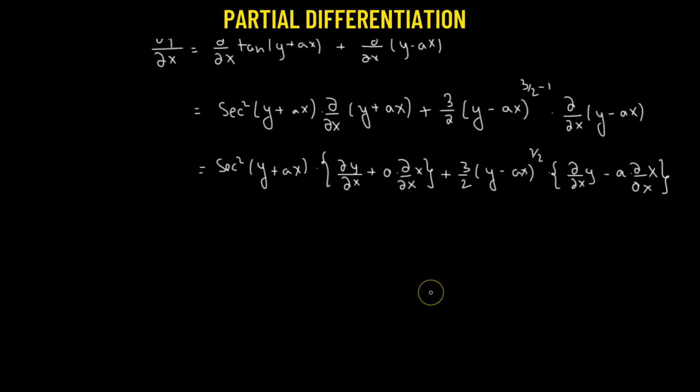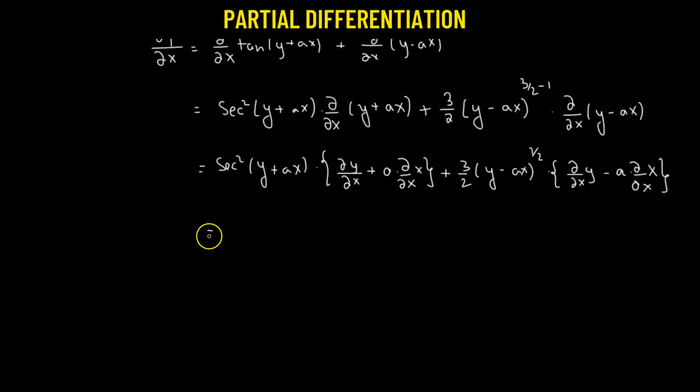So let's further simplify to get secant squared of y plus ax times, so the partial of y with respect to x will be 0 because y will be treated as a constant whenever we're taking the partial derivative with respect to x. That is a, so we have a times the partial of x with respect to x, which will be simply a. So this will be a.